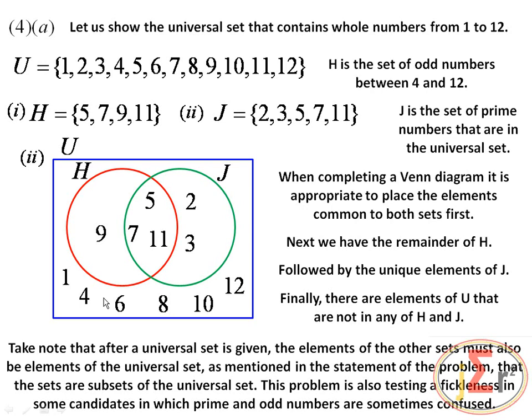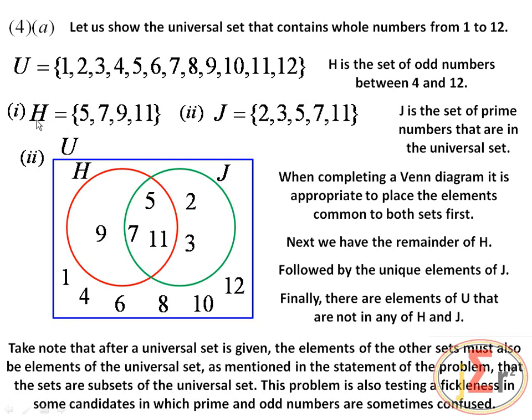So, the testing of this problem is basically investigating the state of minds of the candidates. Sometimes candidates confuse prime numbers and odd numbers. So that's a test. Another test is that sometimes we are told that the elements that are in H are in the universal set by the statement that says H is a subset of the universal set.